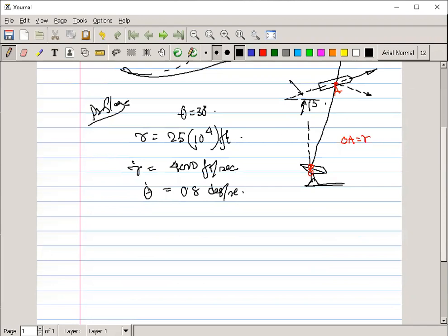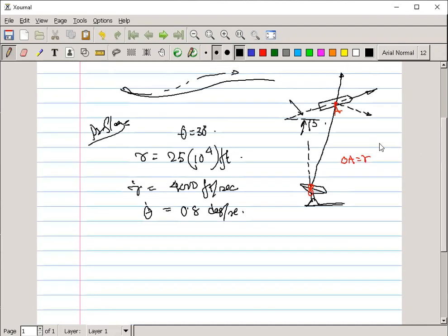So what you have to do: this radar tracks a rocket launcher which has a velocity of 4000 feet per second, and the change in the angle is 0.8 degree per second. So under this condition, what we have to find?